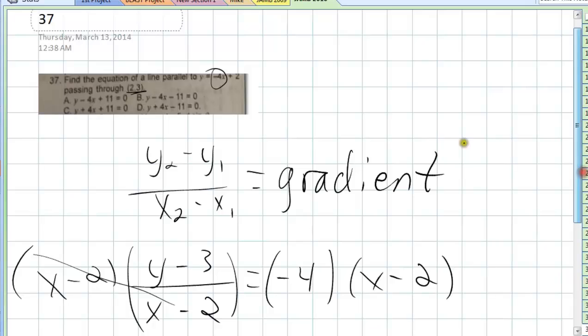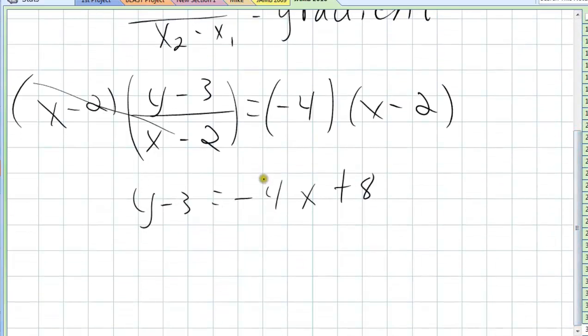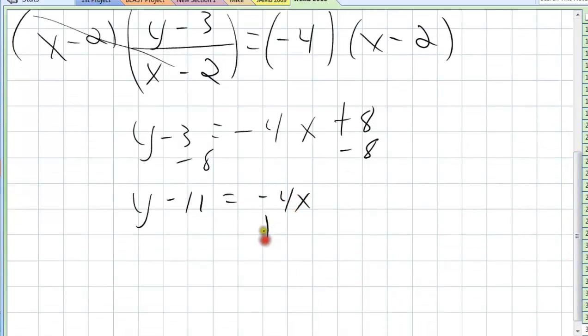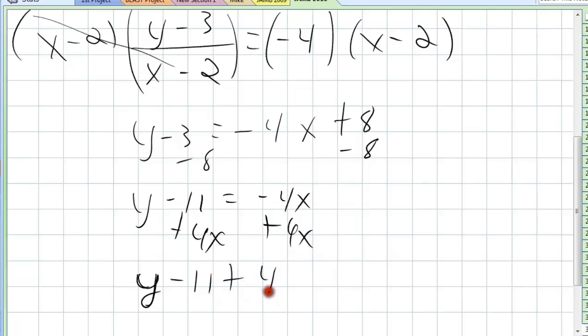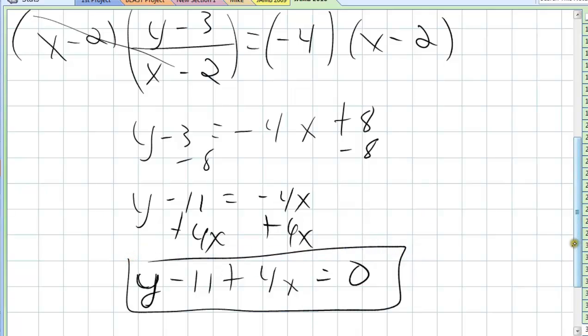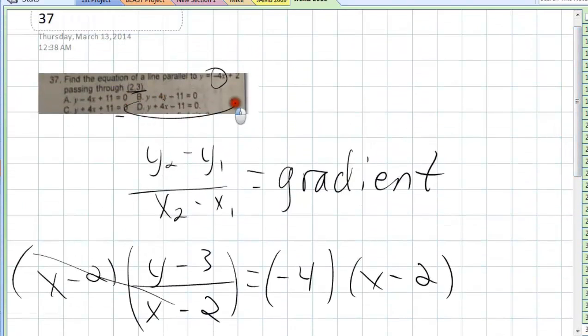You'll notice over here that they want it in the form where it's set equal to 0. So I'll subtract 8. So y minus 11 is equal to negative 4x. Then I'll add 4x. So y minus 11 plus 4x is equal to 0. And that's our answer, and that is option D.